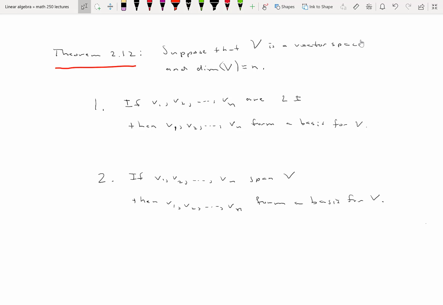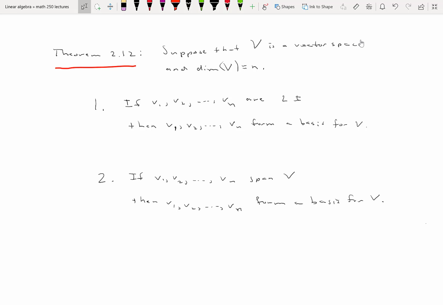Also, number 2, if we have n vectors that span V, then those n vectors form a basis as well. Okay, we don't have to have 1 and 2 both holding true. It's just one or the other. But the kicker is, the only thing holding us back is that we have to know the dimension of our vector space to begin with.